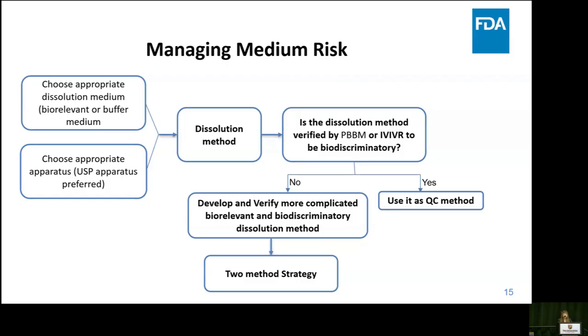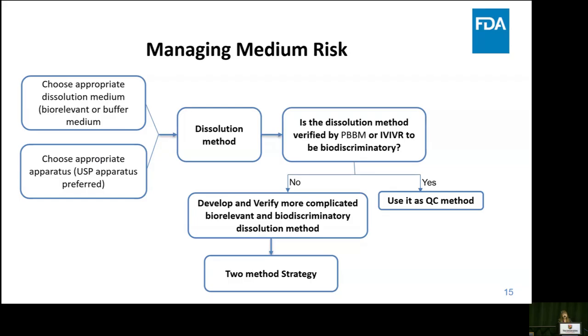And if the in vitro dissolution method you developed is biodiscriminating and also robust enough, you could use it as a QC method. But we also recognize some of the more advanced biorelevant dissolution methods may not be robust enough to be used as a QC method.